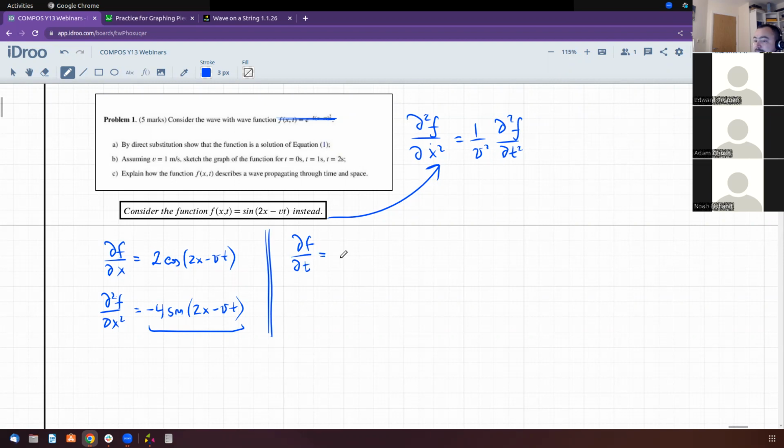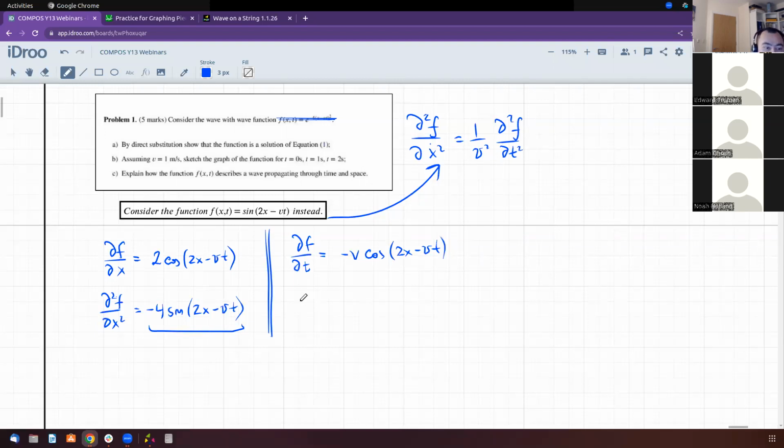What's df over dt? It's going to be minus v cos 2x minus vt.